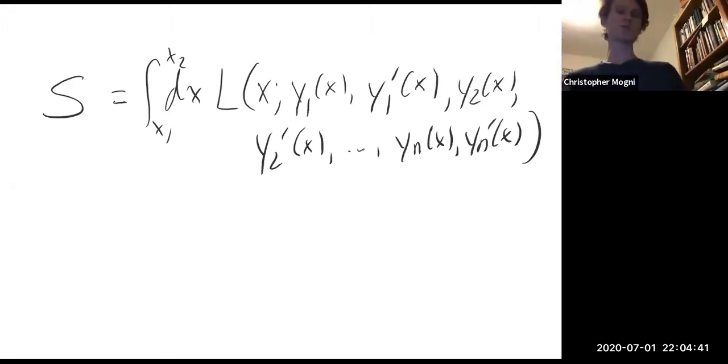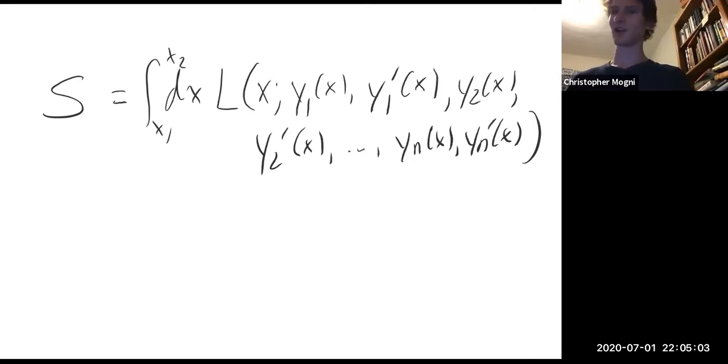Well, the reason is exactly the reason that you can't do that in multivariable calculus. In multivariable calculus, you have some function that depends on x, y, z, w, whatever, you name it. And if you take partial derivatives, you can take partial derivatives in different directions in that space.